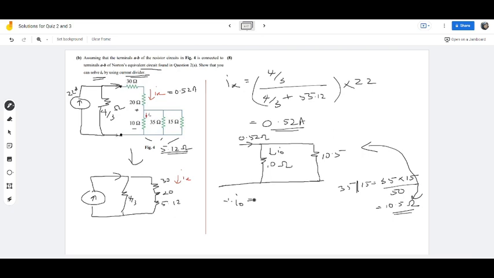I naught equals opposite resistor over total resistor, multiplied by not 22, but 0.52. Plug into your calculator quickly and you should be getting 0.266 ampere. So just like that, you completed your question 2b.